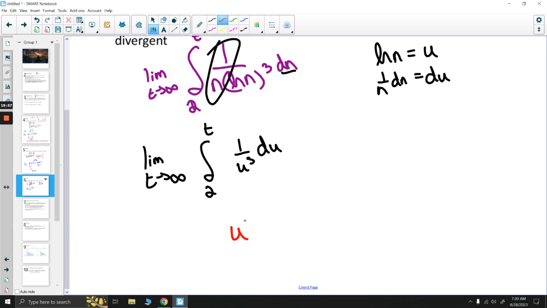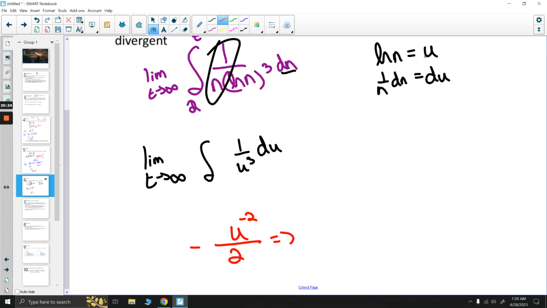This is just going to be u to the -2 divided by -2. And we're going to replace back. So you could technically have changed the bounds, and in fact, when I change my variables, I often just drop the integration bounds, because unless I change them, it's not really true until I've changed it back. So I could change 2 using this formula.